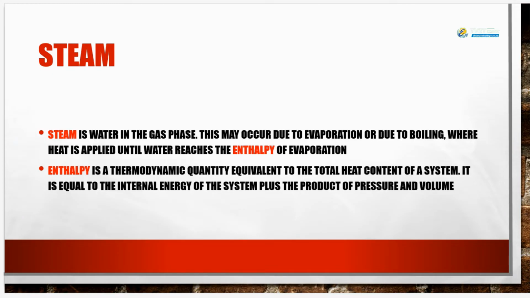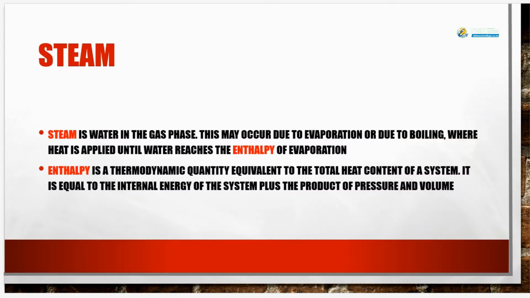This may occur due to evaporation or due to boiling, where heat is applied until water reaches the enthalpy of evaporation. Remember, we spoke of specific heat capacity. So when you boil water, the water will reach a boiling point of 100 degrees Celsius. At that boiling point, the water will start evaporating. Now that evaporation is called steam.